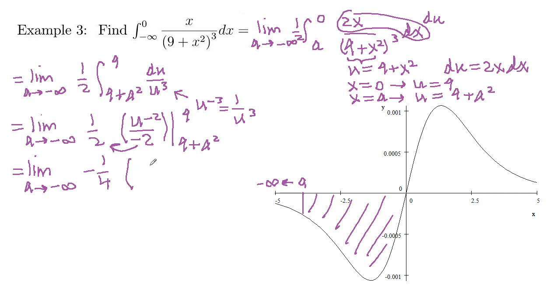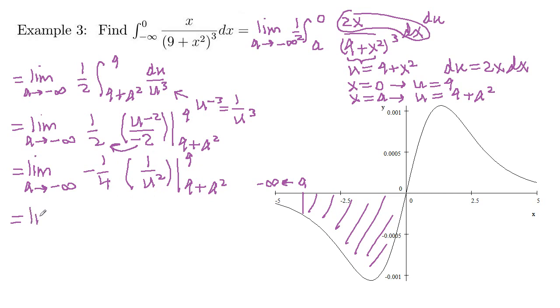And then we are just evaluating 1 over u squared from 9 plus a squared to 9. So the reason we can factor out that constant again is distributive property, because we would plug these two in and subtract, and both of them we've divided by negative 2, so we just pulled that out in front.